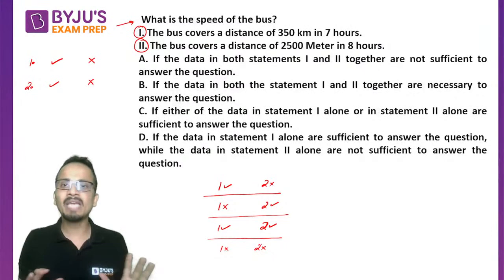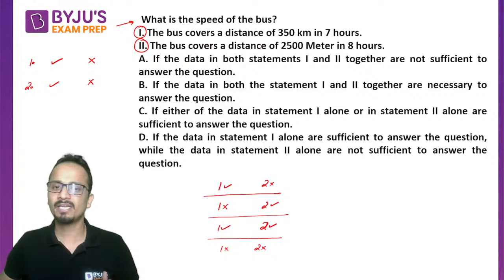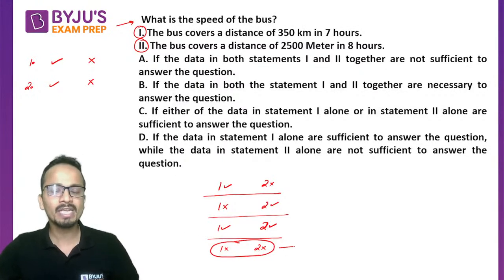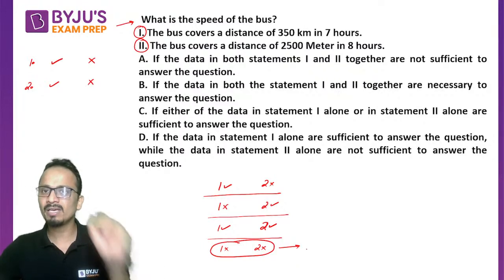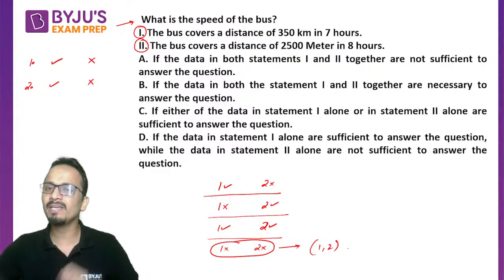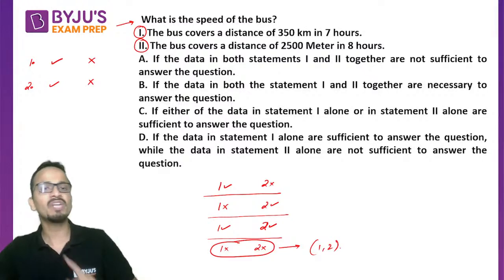So first se bhi answer nahi aaya, second se bhi answer nahi aaya. Now in such a situation, when you are unable to get an answer from statement number 1 as well as statement number 2, we will combine the information that is given in the two statements. This is the only situation when we'll combine.